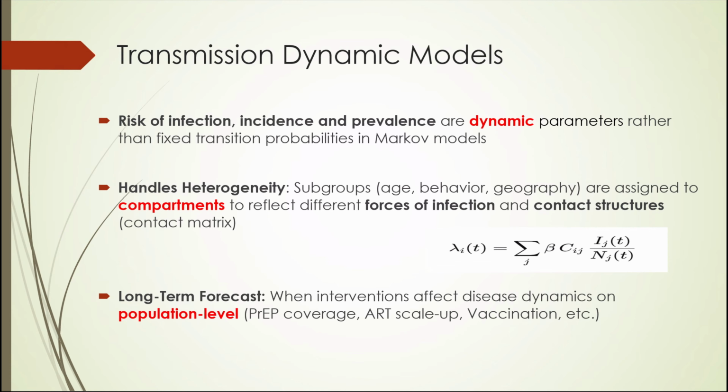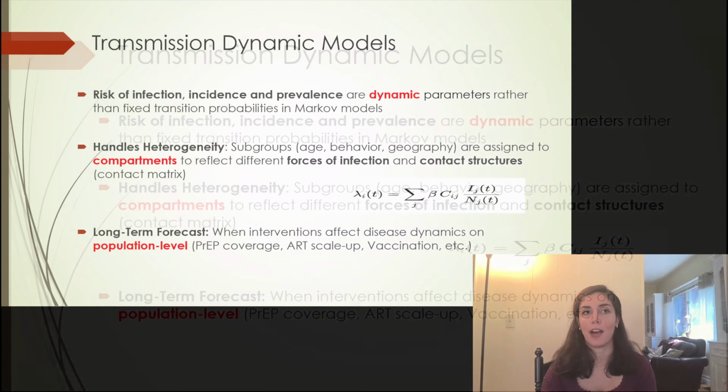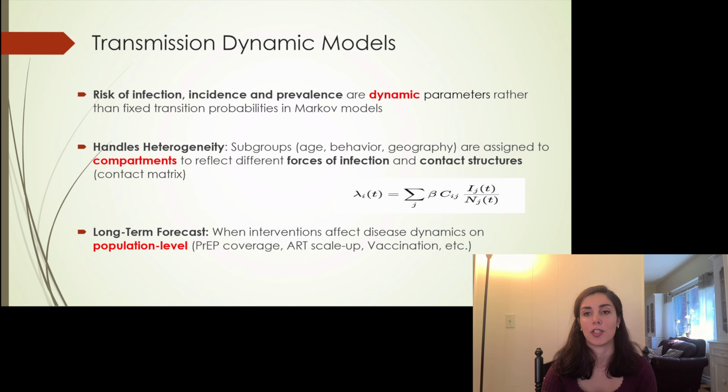For instance, when it comes to HIV, we know people who inject drugs are a high-risk population because they have sharing injection behaviors. So the contact structure is different from other subgroups in the population. And we can capture that contact structure through a contact matrix, which is denoted as C_ij here in the formula with a transmission dynamic model.